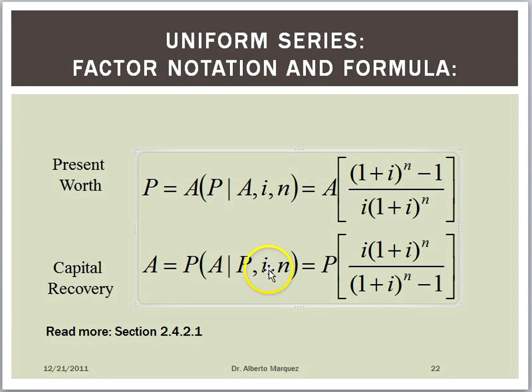And that interest rate would be applied here in the formulas. And also the number of periods would be 180 months, and that would allow you, if you know how much is your debt on your house right now, to compute how much you will have to pay every month.